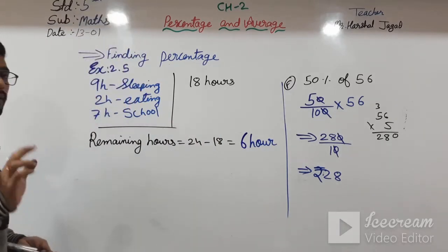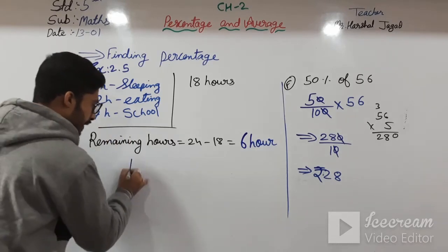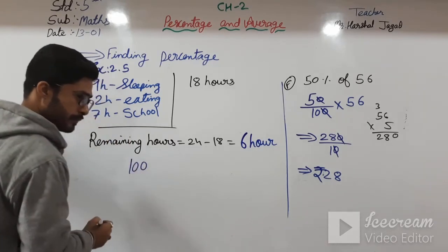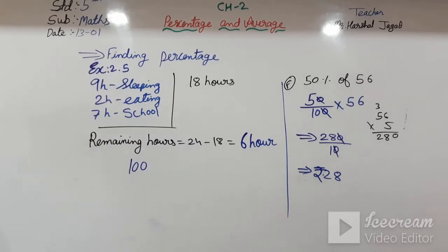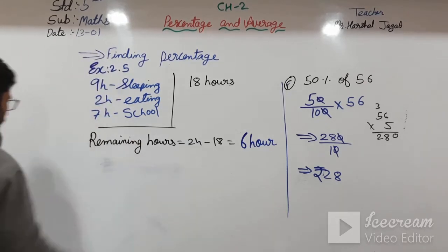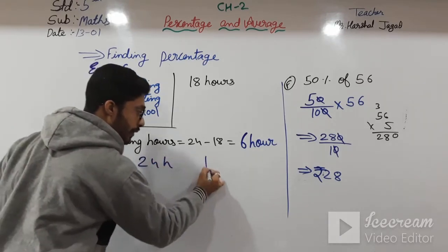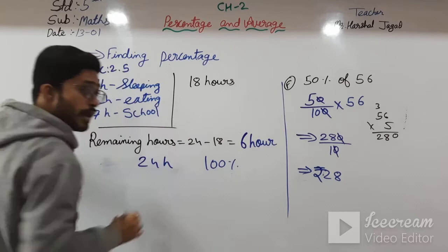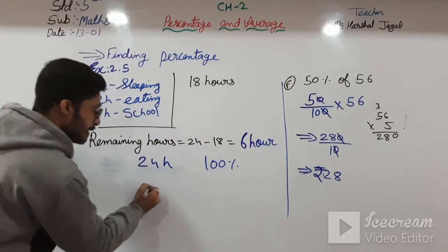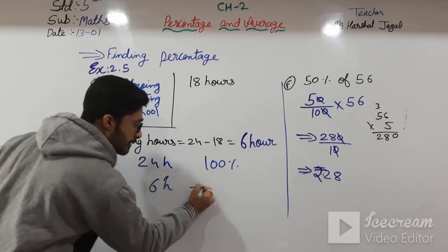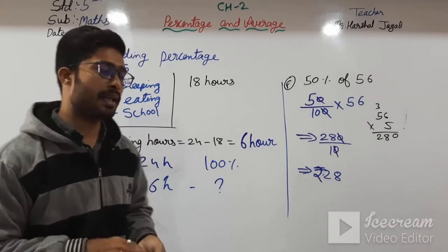And we know how to find out the percentage. Here if 24 hours is equal to 100%, then 6 hours is equal to how much? Then here we have to do cross multiplication.